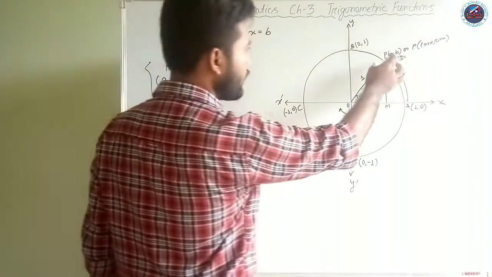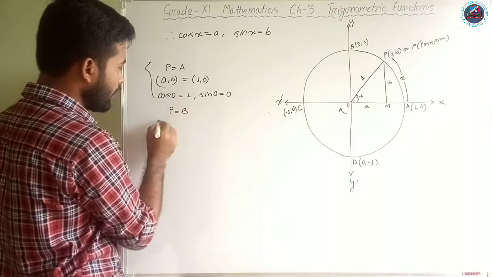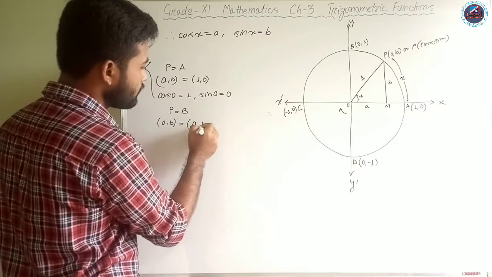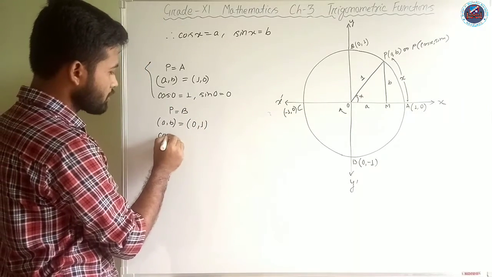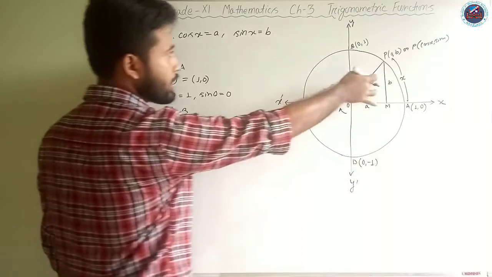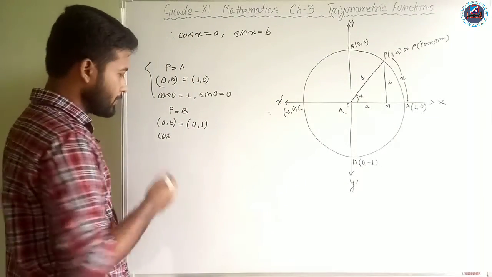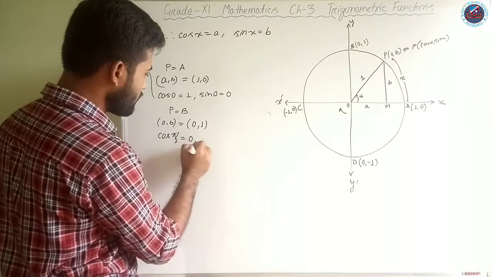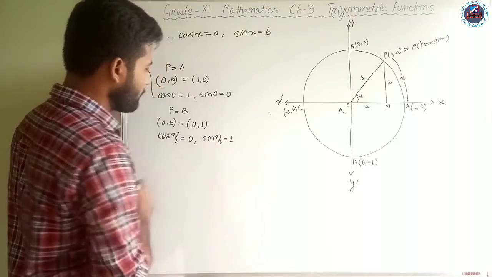Now when the point P moves to B, what if P is equal to B? At that time AB will be equal to (0, 1), and that means in place of A we need to write cos x. So here x has reached this point, that means x is now 90 degrees, that is pi by 2. So cos pi by 2 will be 0 and sin pi by 2 is 1.